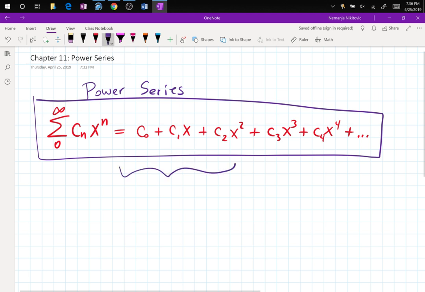Do you see that if you just take these 3 terms, you have ax squared plus bx plus c, a regular quadratic from your algebra 1, right? Do you see that if you just take these 2, you have mx plus b, a linear line. Here's your mx plus b, right? So all this is one big polynomial.